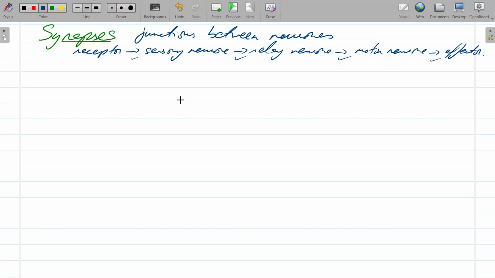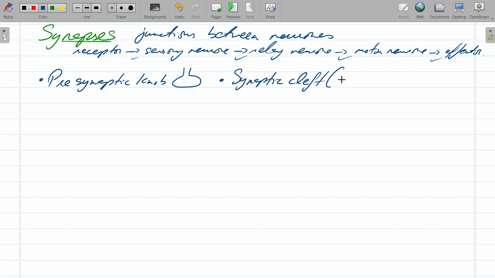And so that particular structure is called a synapse. So what does a synapse include? It includes the following parts, right? So it has a presynaptic knob. The reason why it's called a knob is because of its shape. It looks like a knob. Then you have the synaptic cleft, which is the space in between.